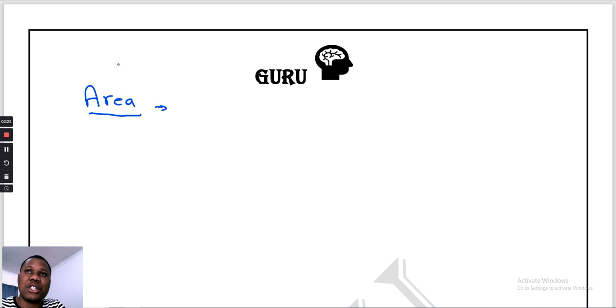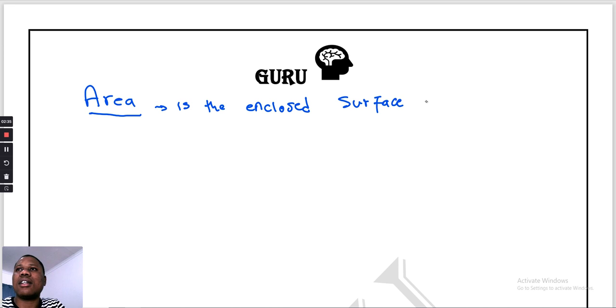So we can say the area is the enclosed surface by the perimeter.